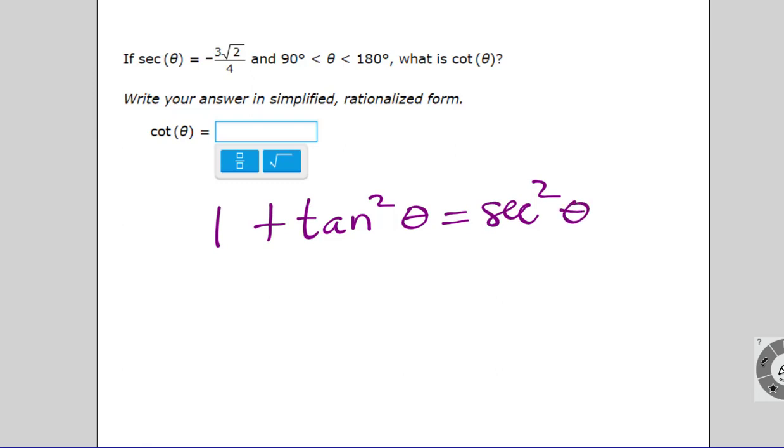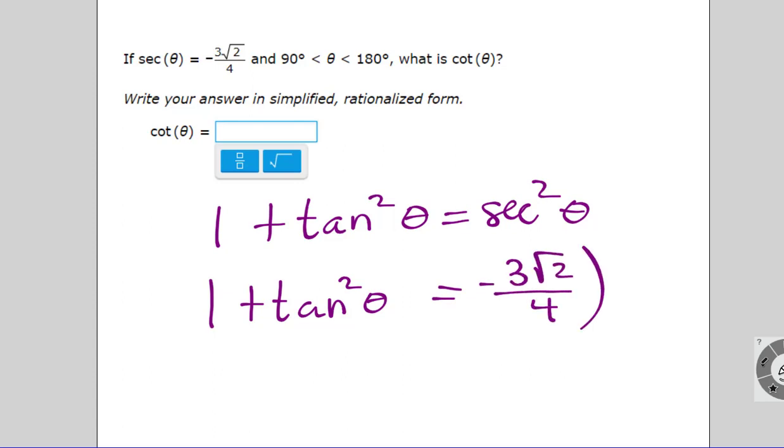Okay. And so we got secant theta equal to negative 3 root 2 over 4. Okay. When we square that, we get what?